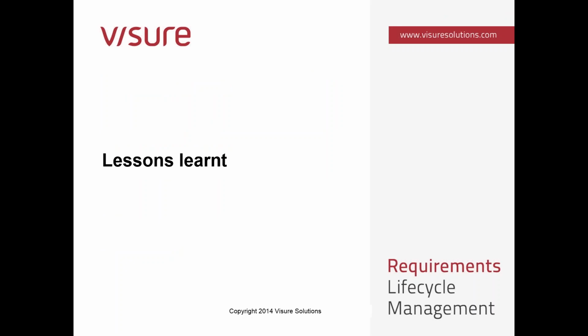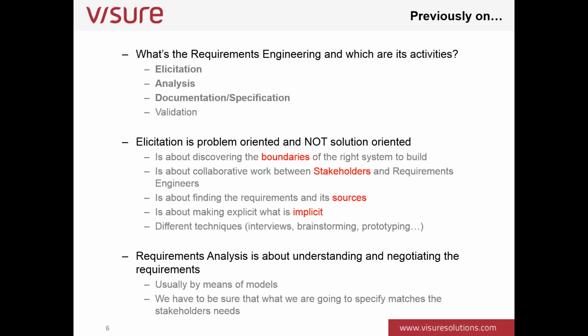With that being said, let's remember what we have learned in previous chapters about requirements engineering. It is a set of activities concerned with identifying and communicating the purpose of a system or software, and the contexts in which it will be used.